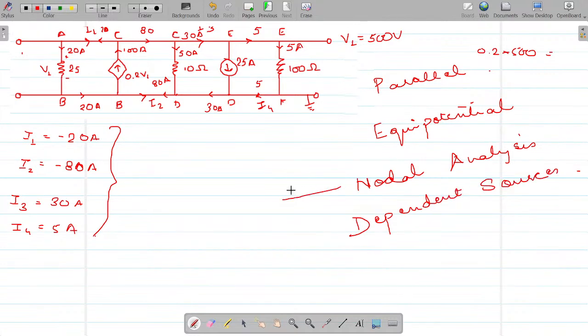And it also asked you to be very clear about KCL. So current division: incoming current divides into two branches.